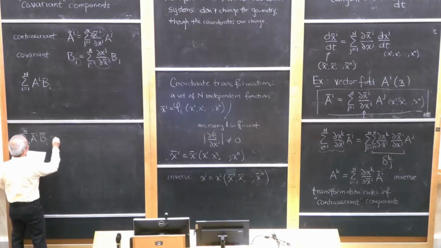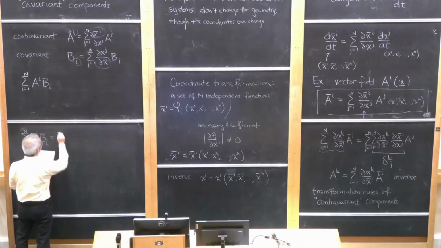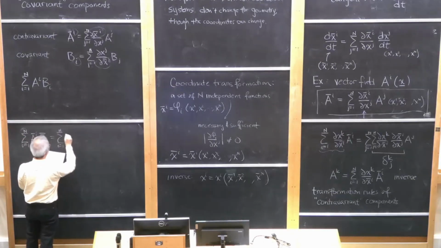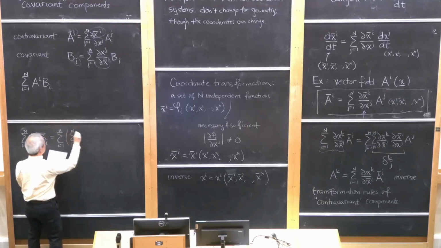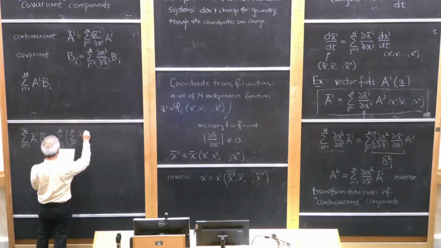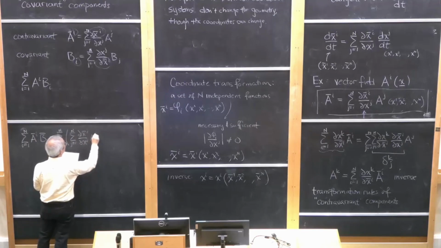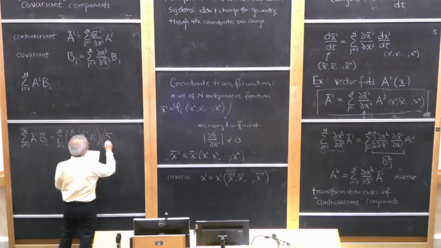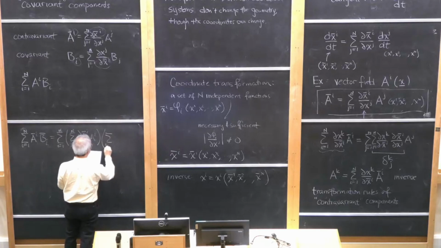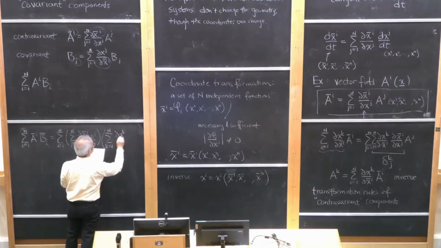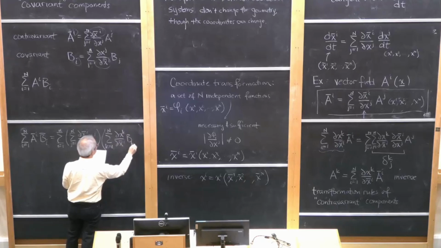So you have the sum over i, and a sum over j, dx bar i dx j a j, and a sum over k from 1 to n, dx k dx bar i, and then b k here.